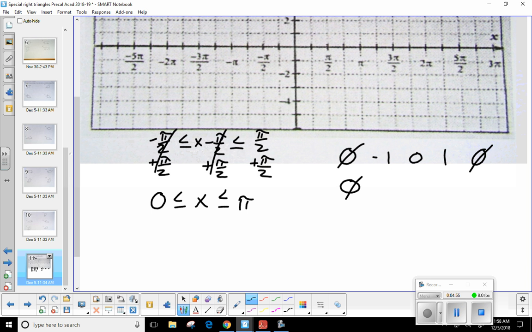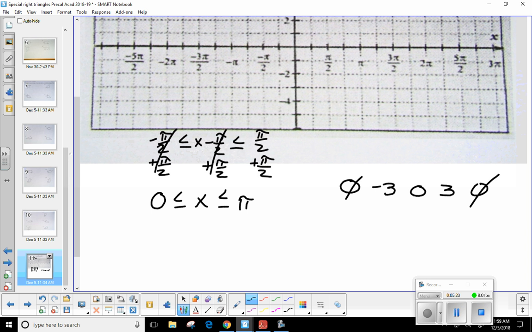Negative 1 times 3, times 0 and times 1. There we go. And then we have undefined. So those should be my y values. Okay. So I'm going to take out the originals. Those are my new y values after the 3 vertically stretches it. Now, how do I go ahead and put my x's and the y's together so I see the ordered pairs?